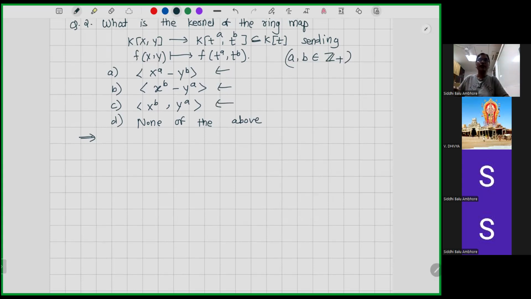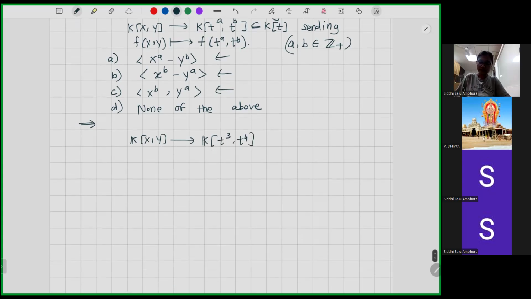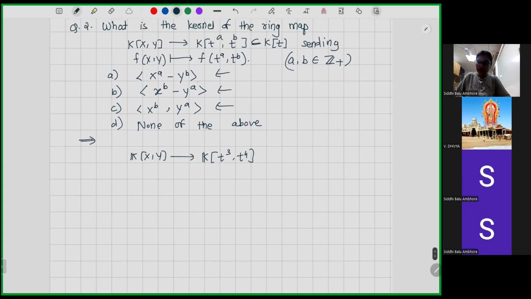So let us start with at least the first map. Let us take this k[x,y] going to k[t^3, t^4], simply any integers we want. So here they are saying x^a minus y^b. So x^a means what?